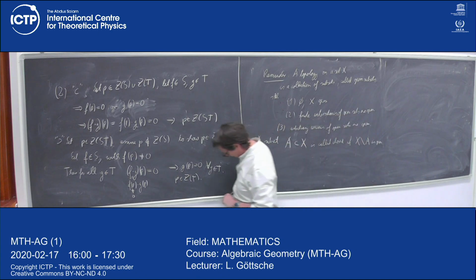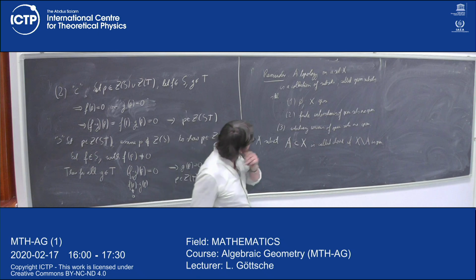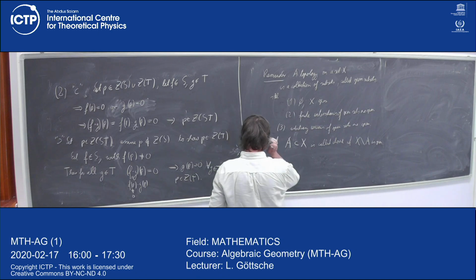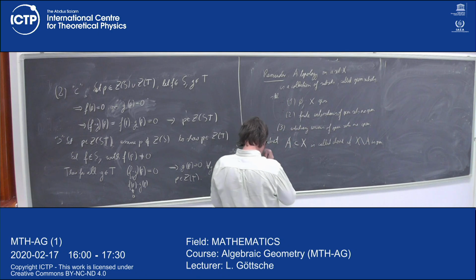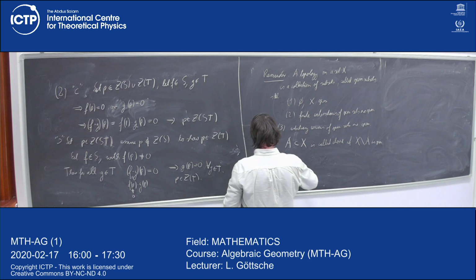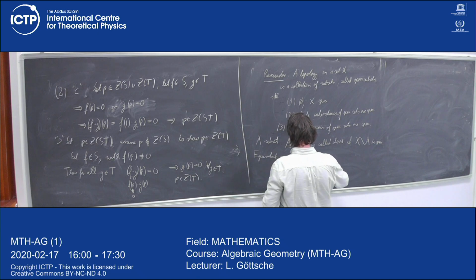So therefore, it's clear that instead of giving the axioms for open sets, we can also make equivalent axioms for closed subsets.